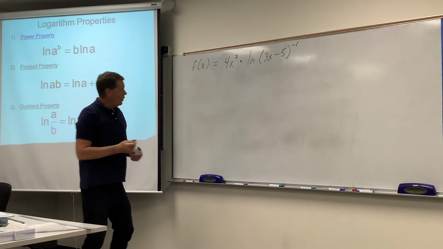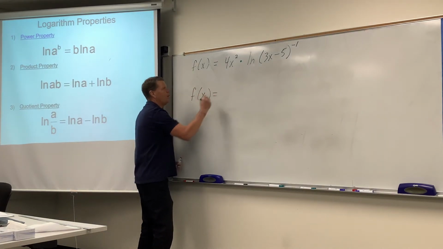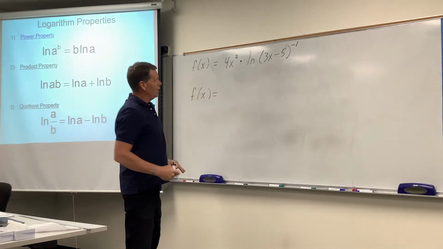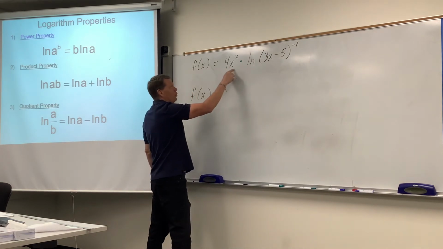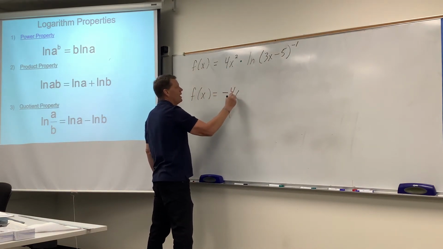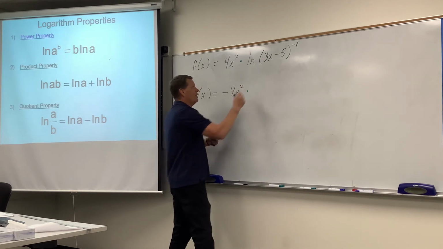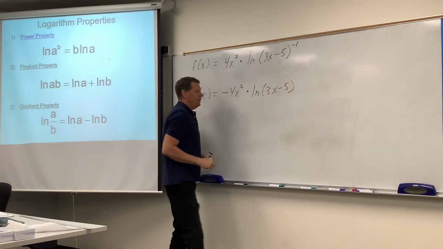All right? So I hope you notice what's being done here now as another algebra rewrite would be to bring that -1 down in front. Now when you bring that -1 down, you might as well multiply it by the 4x squared. So wouldn't that make that -4x squared times the natural log of 3x minus 5. Everybody see what happened there?